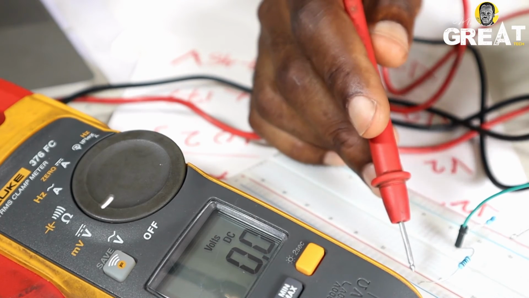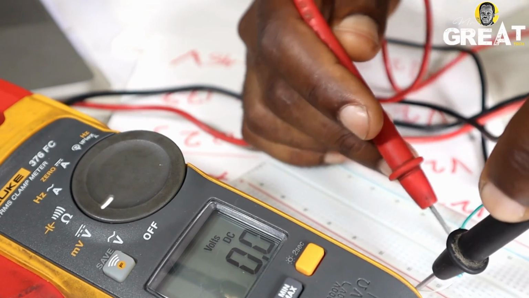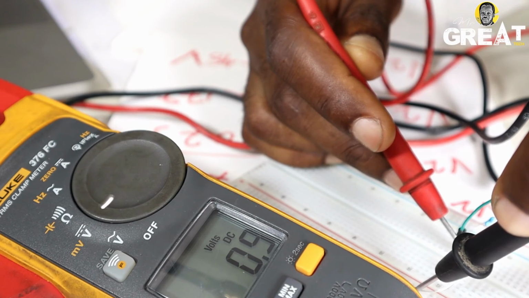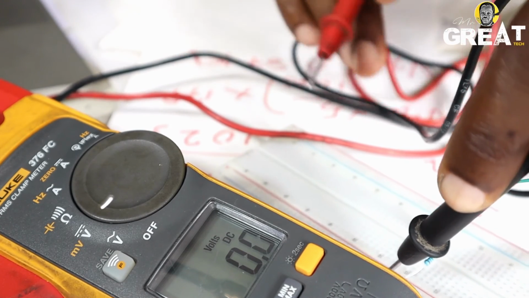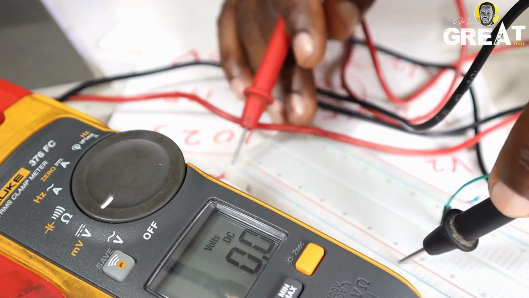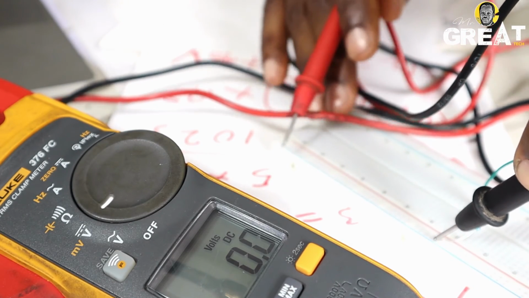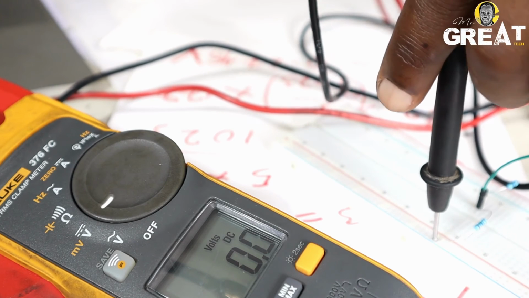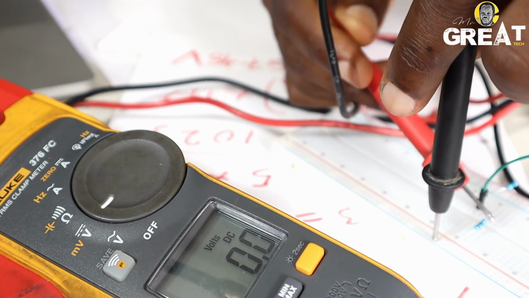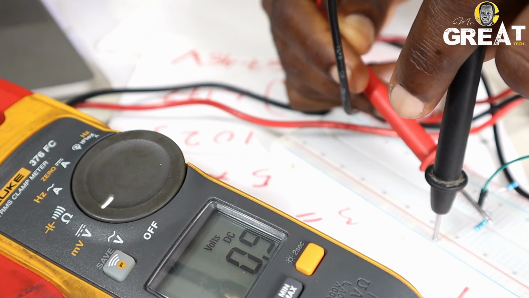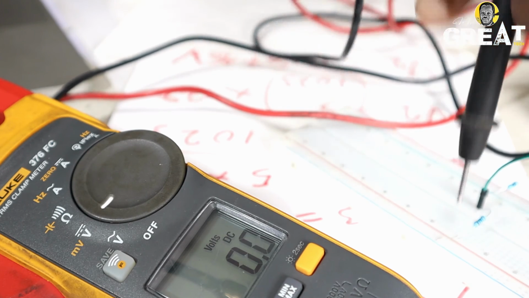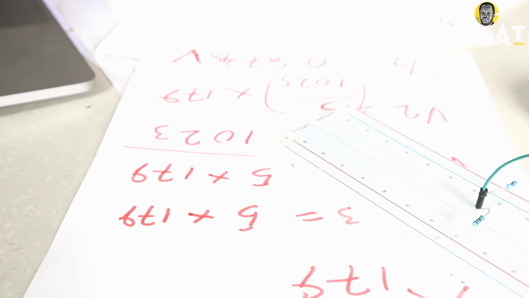So this is V2. We scale it and see. You see it's 0.9. This is it, the probe here. 0.8, 0.9, exactly what we got from our calculation. So very simple.